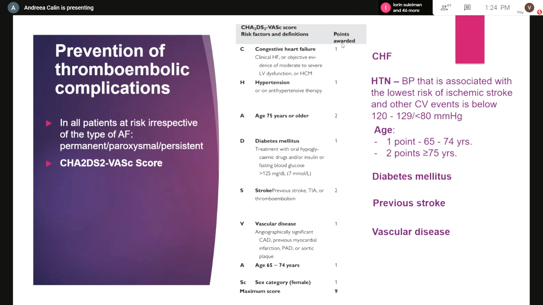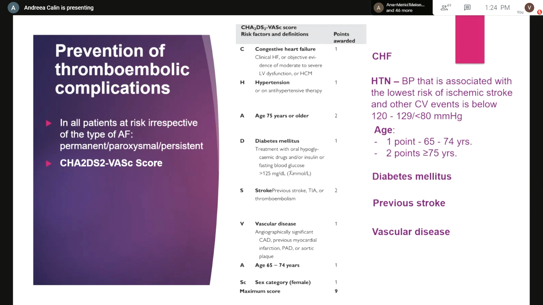We have points awarded for each of these risk factors, starting with congestive heart failure, hypertension, and age. We have two categories of age: 1 point if the patient is in the range of 65 to 74, or 2 points if the patient is older than 75 years.